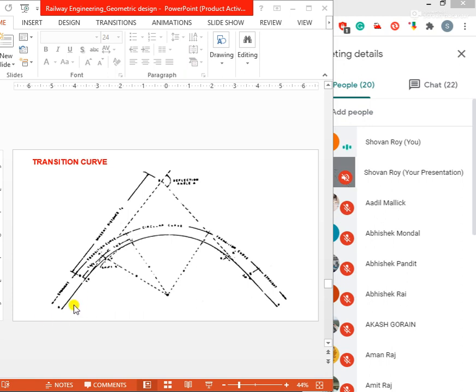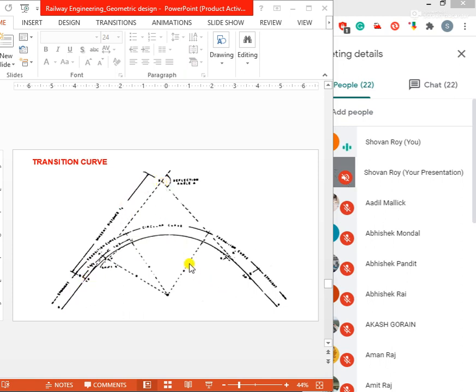So from the infinity value of the straight line to the tangent point, this is the tangent point where the transition length actually starts, the meeting point of the circular curve.